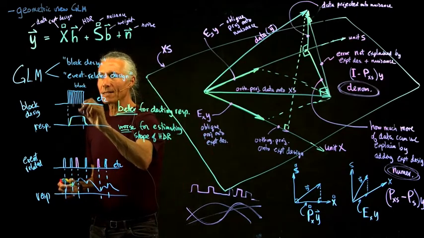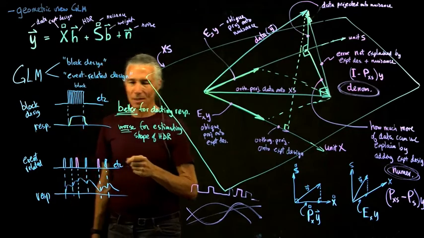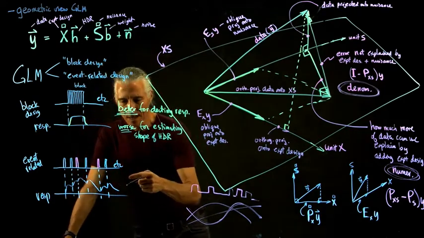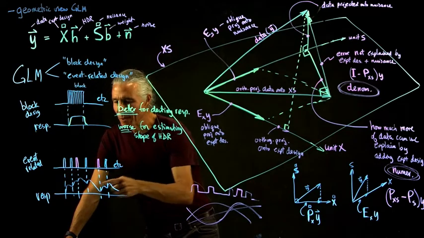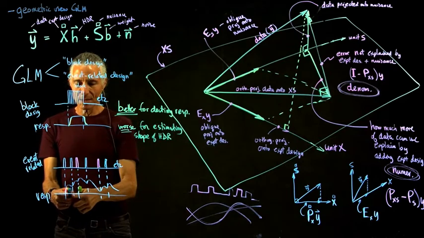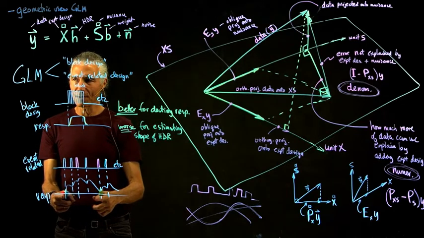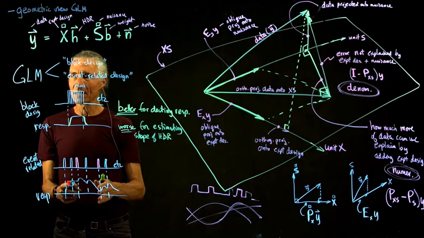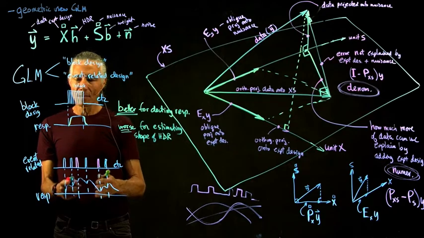We immediately start slamming a bunch of other stimuli on, and so we can't easily measure the shape of the hemodynamic response function. So this kind of method is much better for measuring the shape of the hemodynamic response function because our stimuli are spaced at all different lengths, and so we have all different amounts of overlap of the hemodynamic response functions, and that gives us more ability to actually pick out the shape.